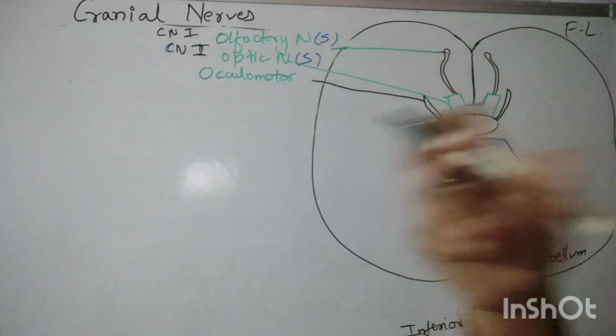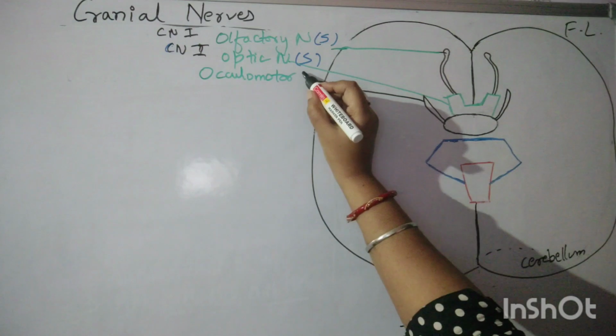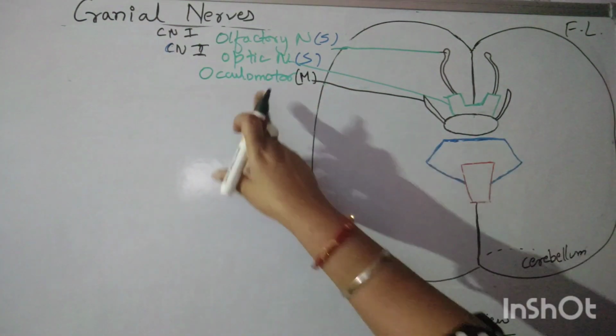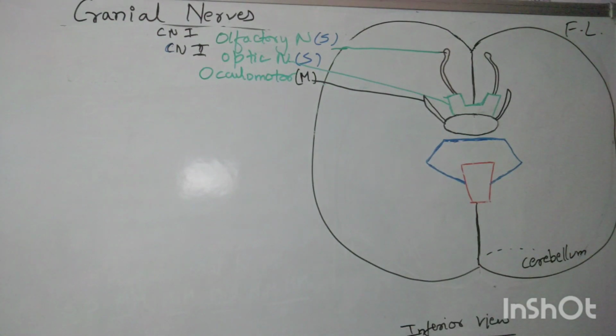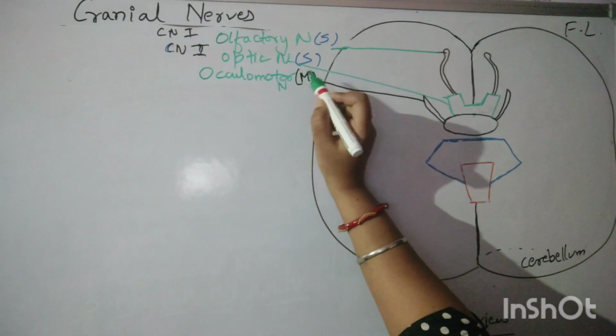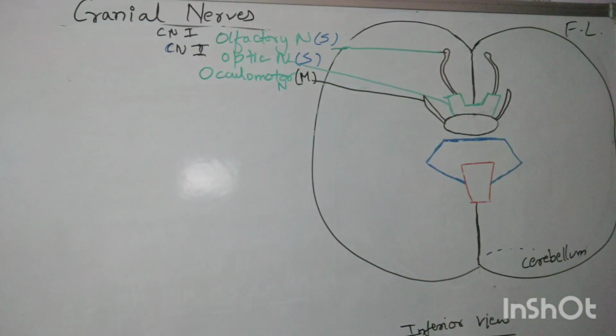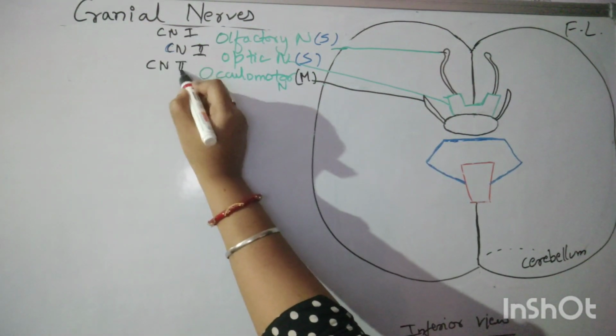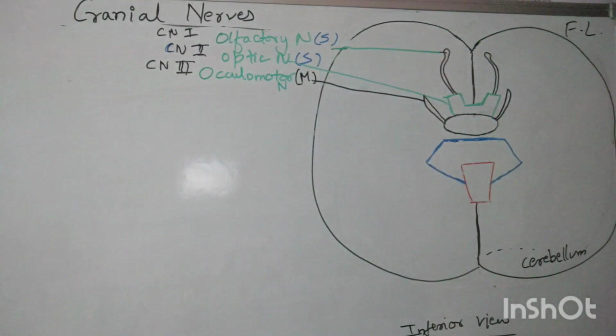So which type of impulse is this? This is motor. So the oculomotor nerve is motor type, and this is cranial nerve 3. The oculomotor nerve helps the eyeballs to move in all directions. Okay.